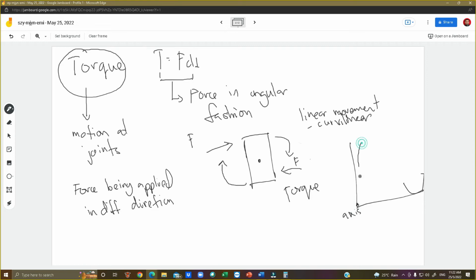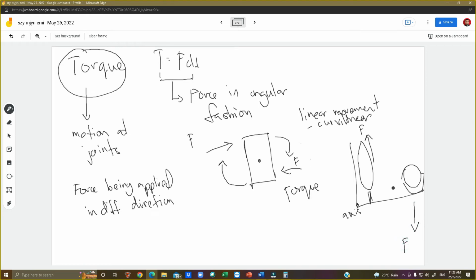Two, there are two forces acting upon the system at any given point of time, like our bicep curl. So the bicep most of the time is going to pull upwards, and the weight of the hand itself, or maybe the weight of the object in your hand, will pull your hand downwards.